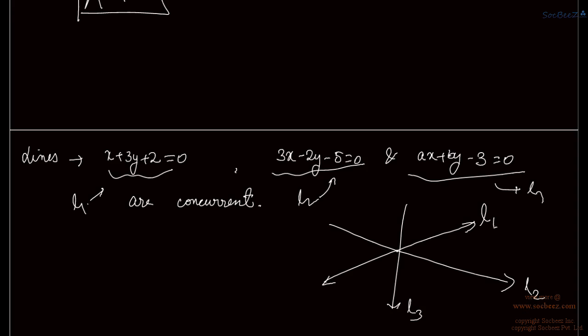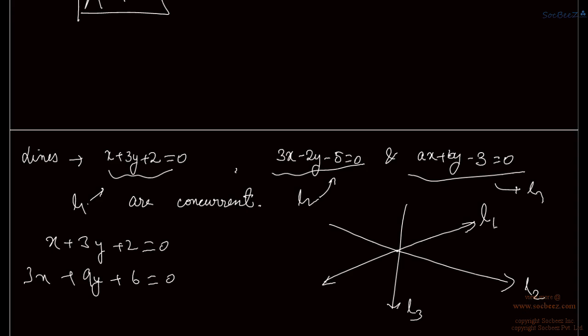So let us find the point of intersection of L1 and L2 by solving the equations. We have x plus 3y plus 2 is equal to 0. Let us multiply this equation by 3. So we have 3x plus 9y plus 6 is equal to 0. And we have 3x minus 2y minus 5 is equal to 0.